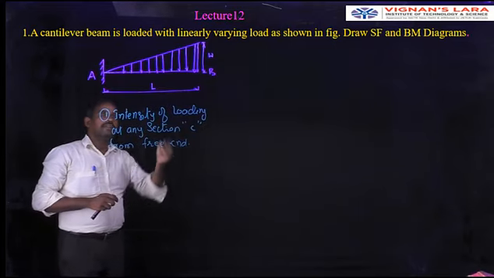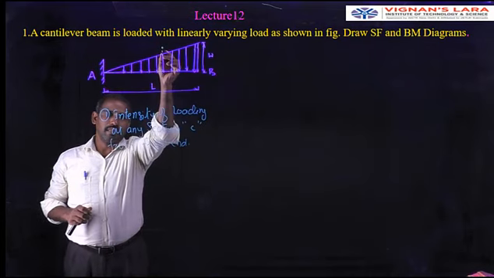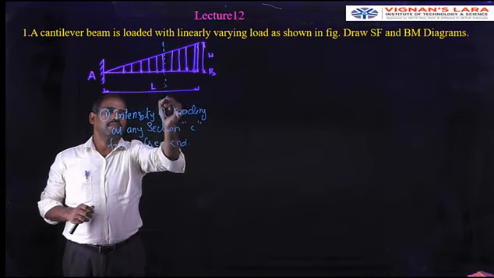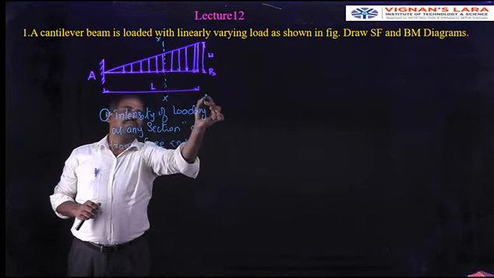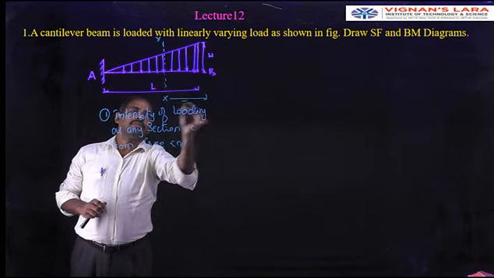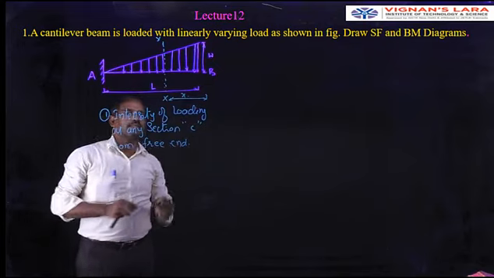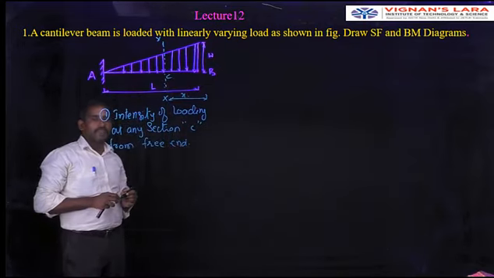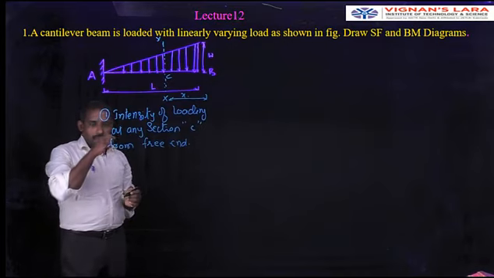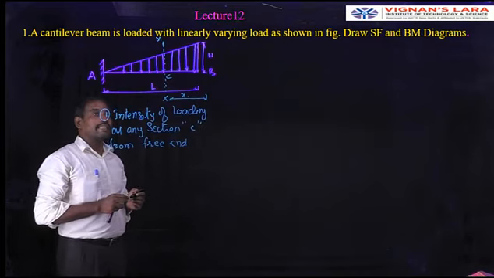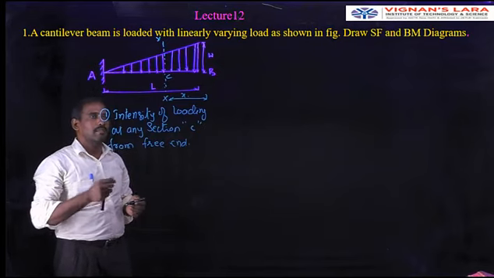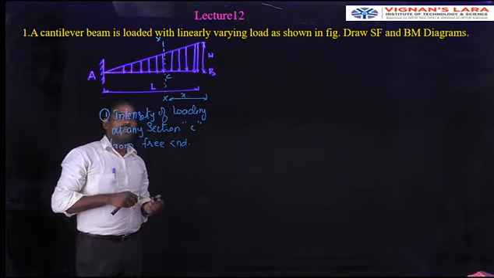For that, let us consider section XX. This is the section XX at a distance small x from the free end. So, the calculation of the intensity of load at a section XX, simply say at C, from that diagram.